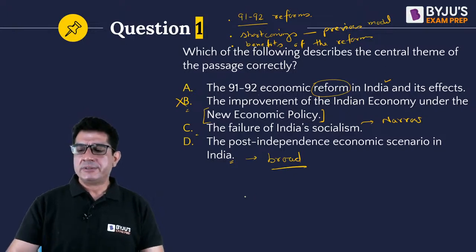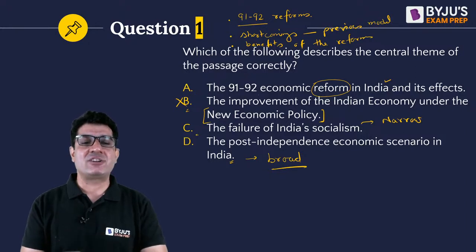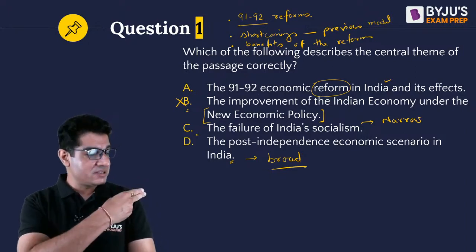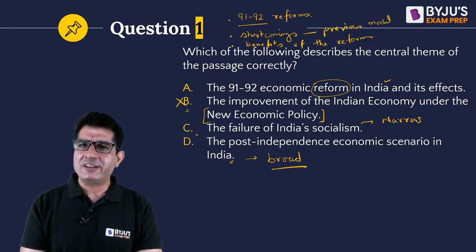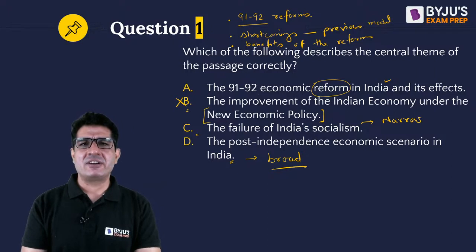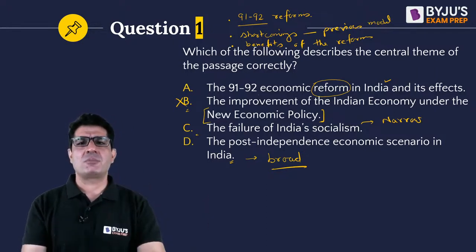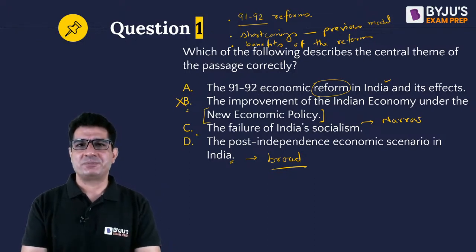Why broad? If you talk about post independence, so imagine if I give you an essay to write where the topic is post independence economic scenario in India, will you just focus on the reforms of 91-92 and talk about the shortcomings of the earlier approach?